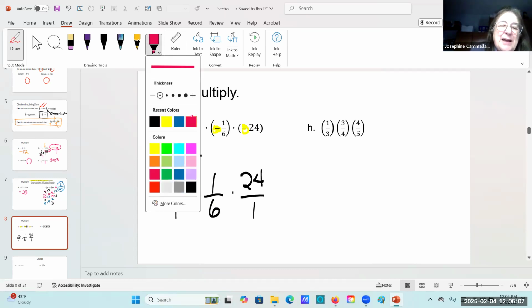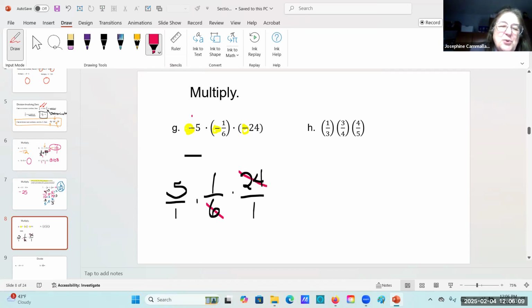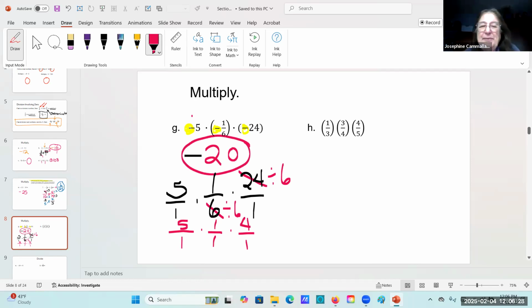The nice part is this 6 and this 24, if I divide by 6, gives me 5 over 1 times 1 over 1 times 4 over 1, or a negative 20.